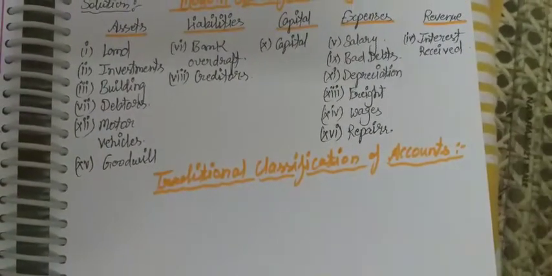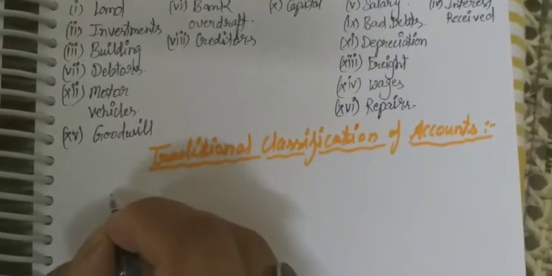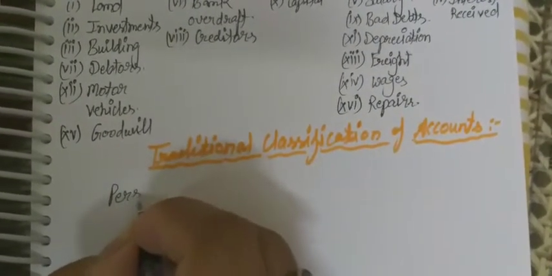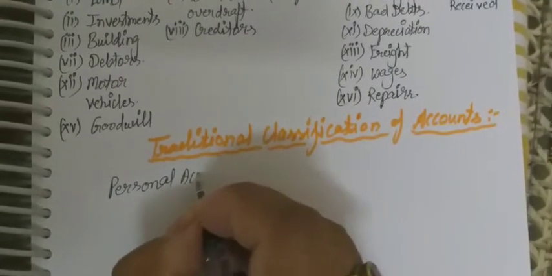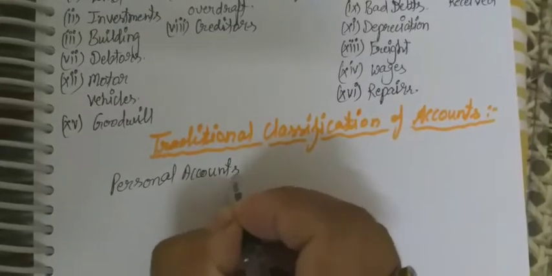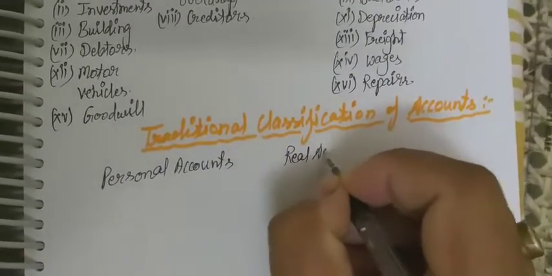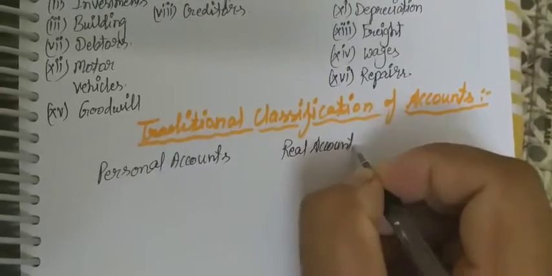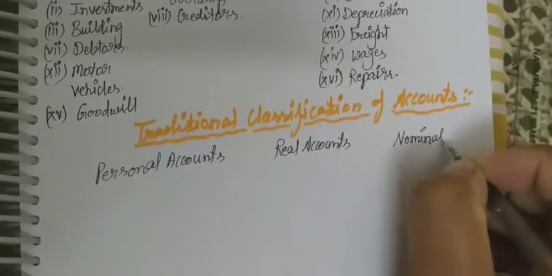These three categories are: first one is personal account, second, real accounts, next one is nominal accounts.